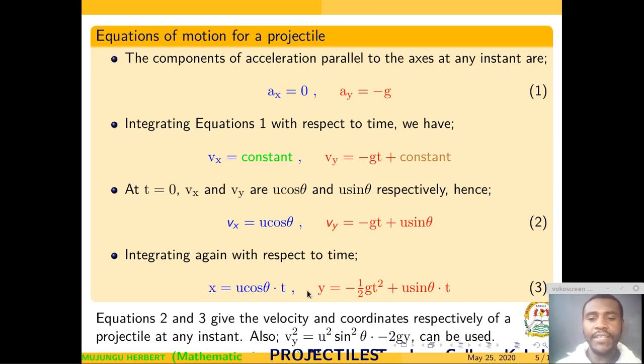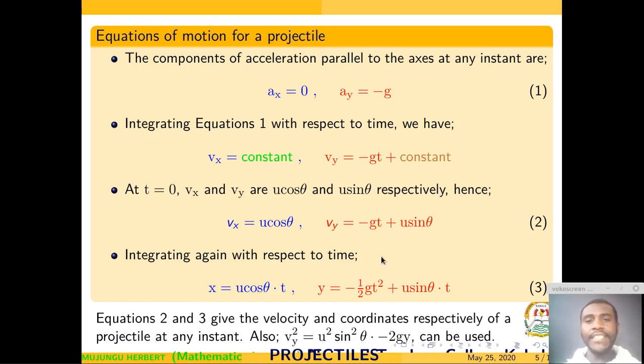Now vertically, we shall use this equation, this and this one. These three for vertical motion are similar to Newton's equations of motion, where instead of acceleration we have negative g, and instead of u we have u sin theta, which is the initial component of velocity.